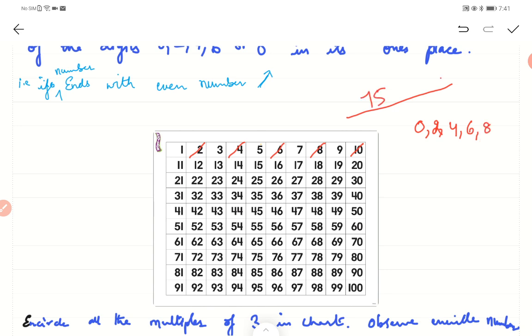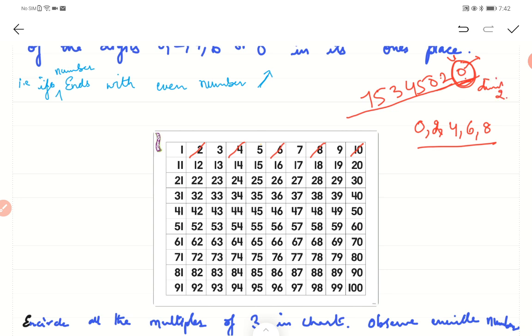If I take a big number, you need to just check at the units place whether this digit is an even number or not. So if it is an even number, then it is divisible by 2, isn't it?